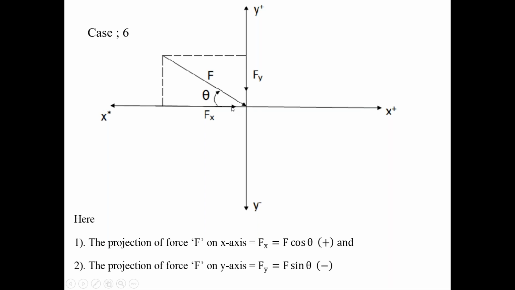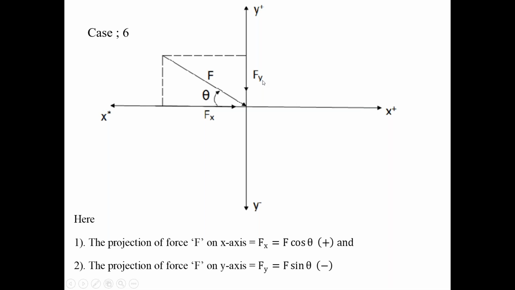But follow this direction carefully. Even though the projection Fx is in the negative x-axis, the direction of projection Fx is towards the positive x-axis. The direction of projection Fx is towards the positive x-axis, so the projection Fx is the positive projection, not the negative projection.